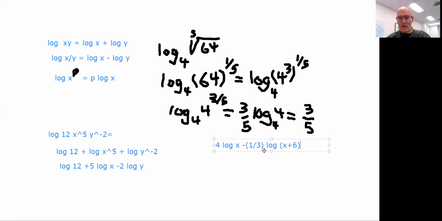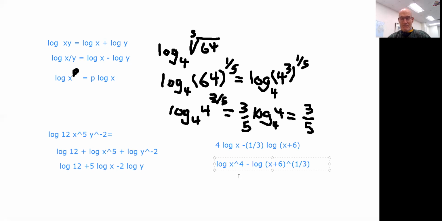So the first thing I will always do is I will take these coefficients here and I will use this third rule to change them into exponents. So I come down here, now I have log x to the 4th power minus log x plus 6 to the 1/3 power.